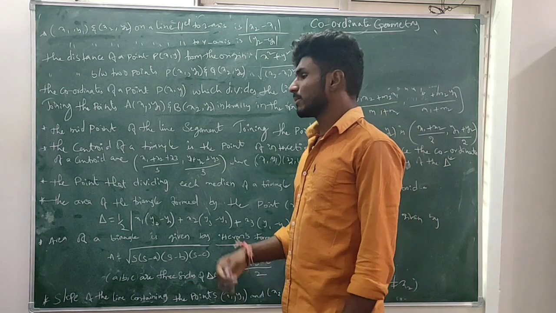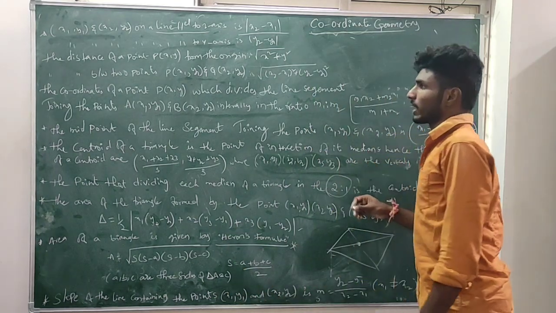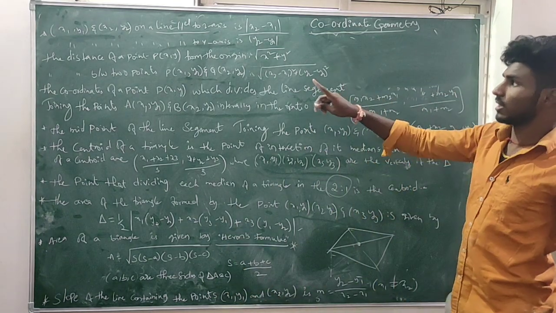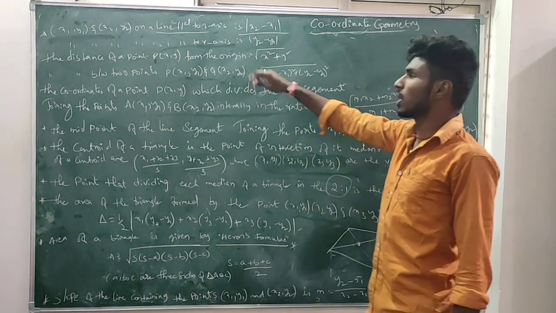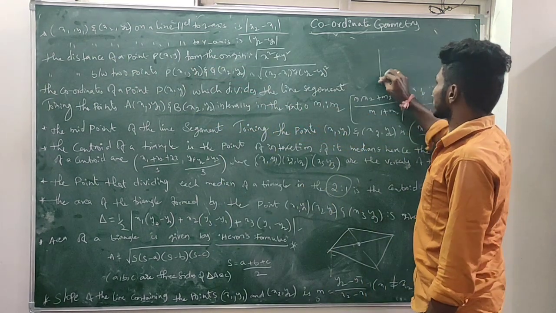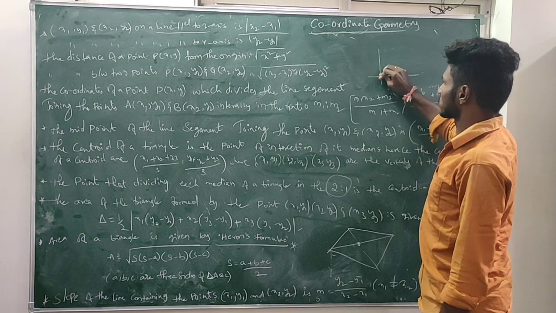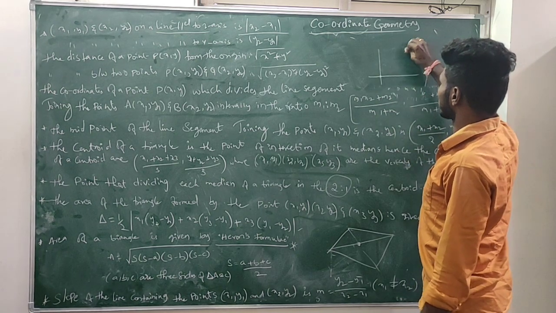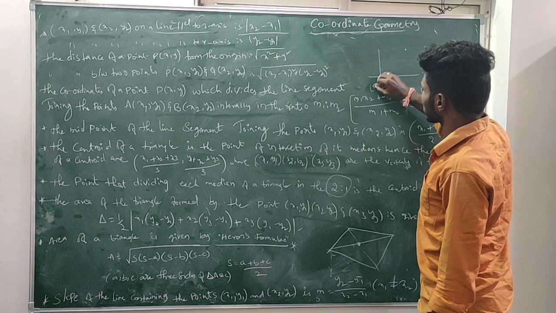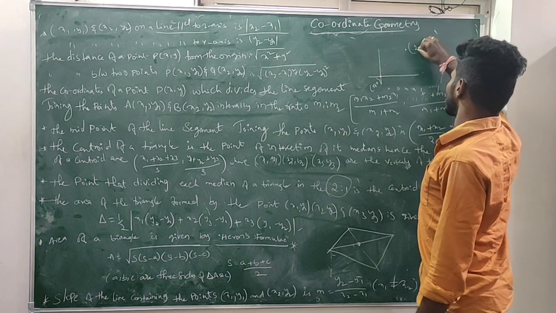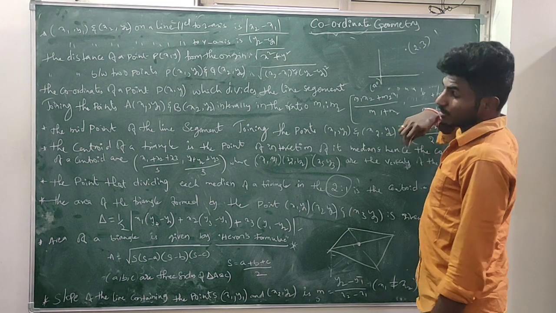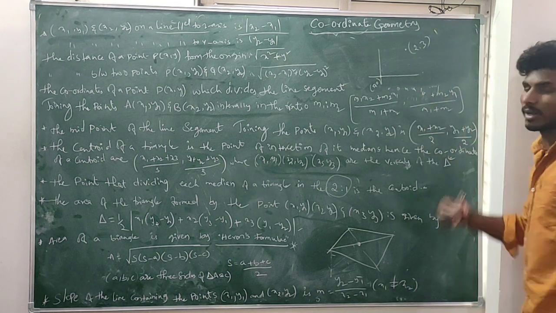Now I am interested in finding the distance of a point P of x comma y from the origin. The point is starting from the origin, so my first point is 0 comma 0 and the other point is, say, 2 comma 3. 2 on the x-axis and 3 on the y-axis.